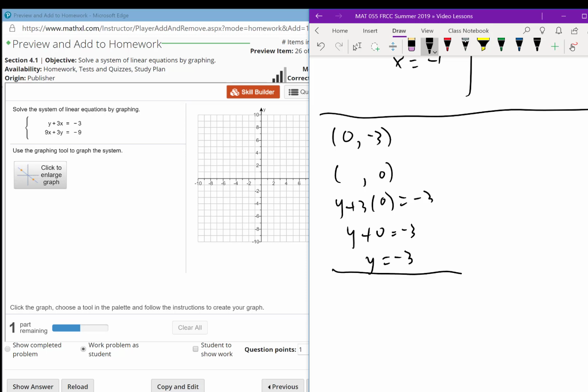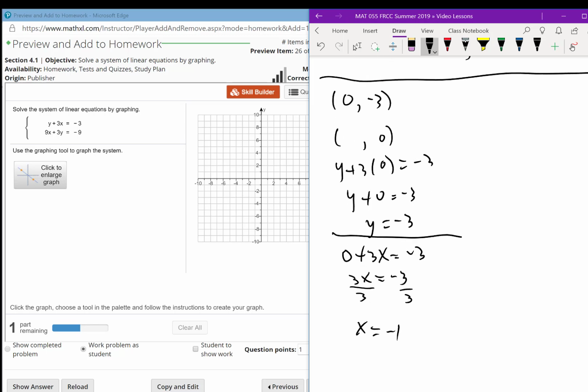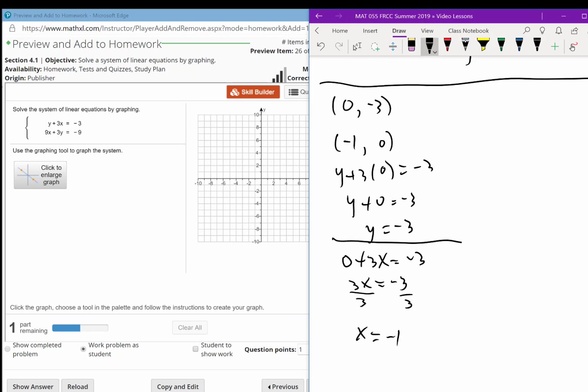And now when y is 0, I get 0 plus 3x equals negative 3. So 3x equals negative 3. So now divide by 3. So I get x equals negative 1. All right, so now I come over here and I get a negative 1.